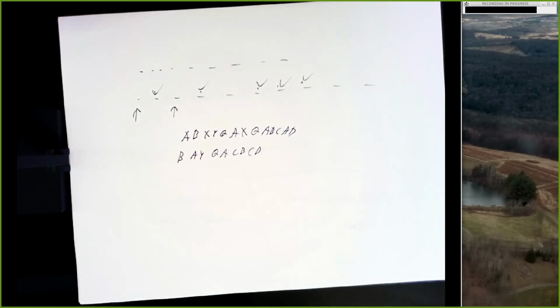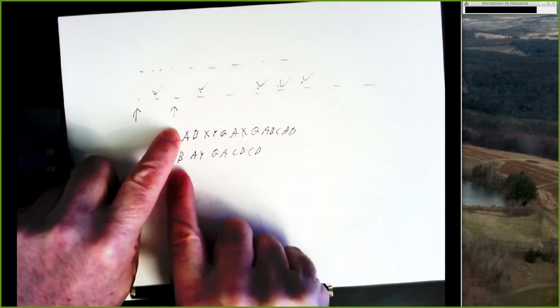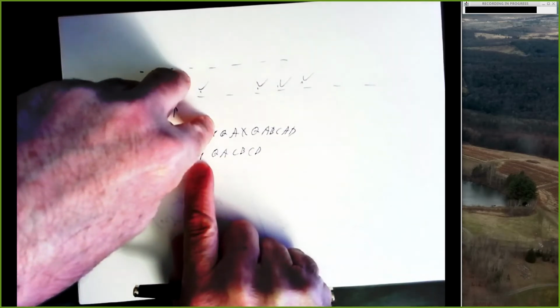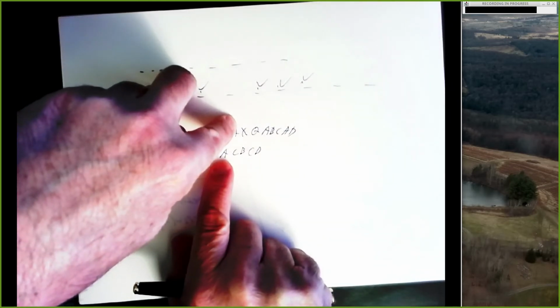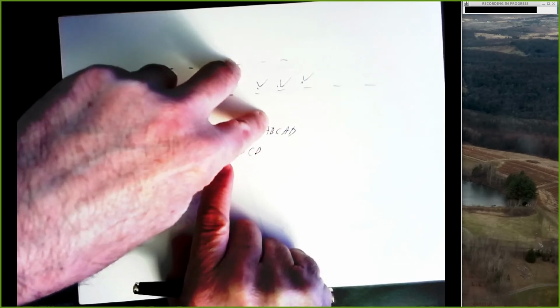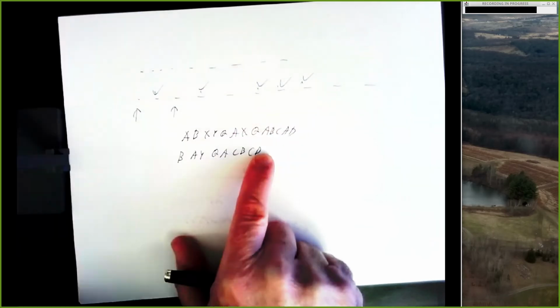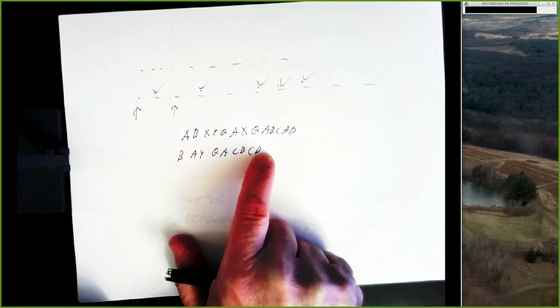I have no idea. I could start with an A here, and I could say, well, there's an A here, and there's a Y, and there's a Y there, and there's a Q and an A, and there's a C and a C, and there's a D. Well, that's a pretty long common substring. But is there a longer one, right?